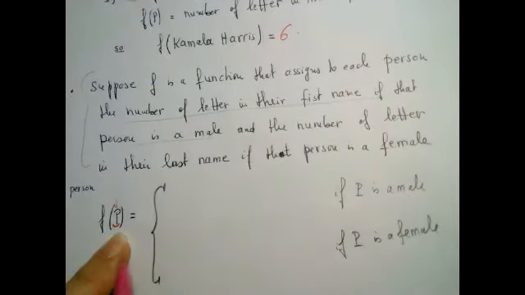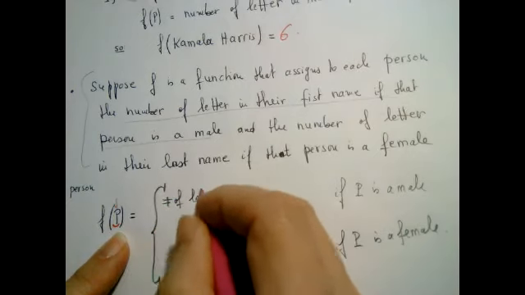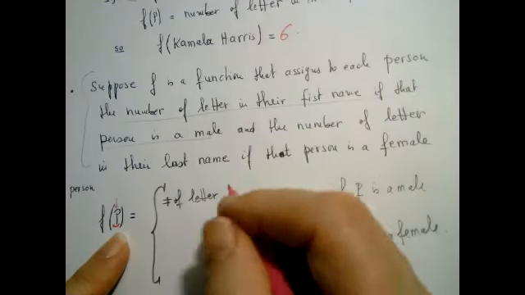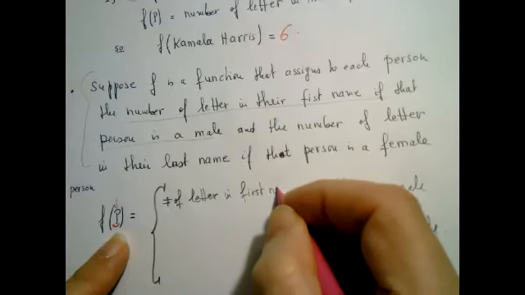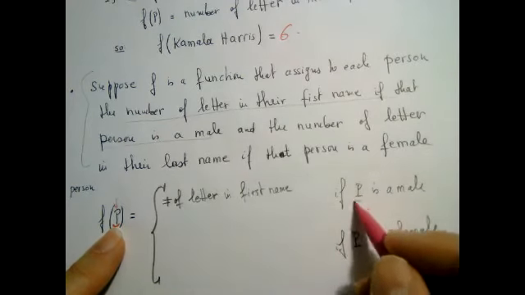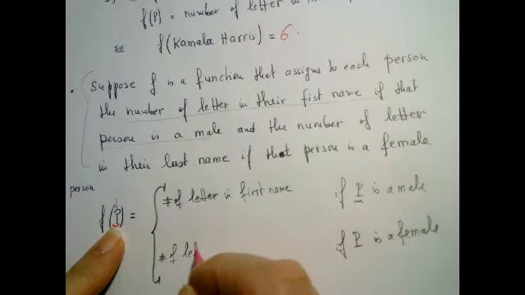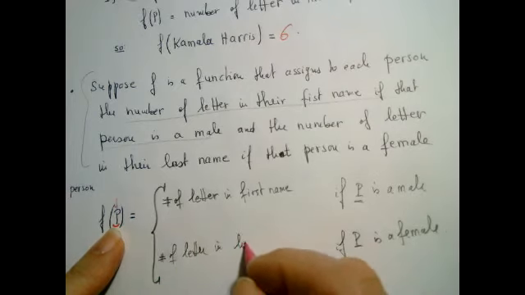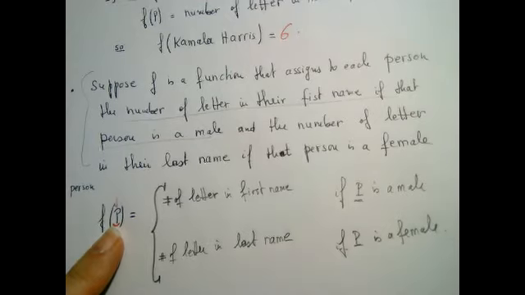So f of P is the number of letters in the first name if P is a male. So I'm breaking up my output. What I assign to a P is broken up depending on what P is. And it's the number of letters in the last name if P is a female.